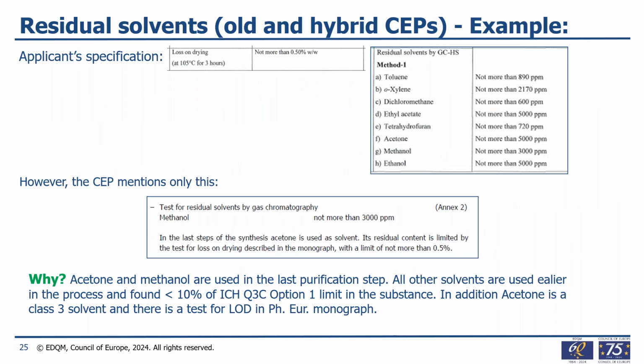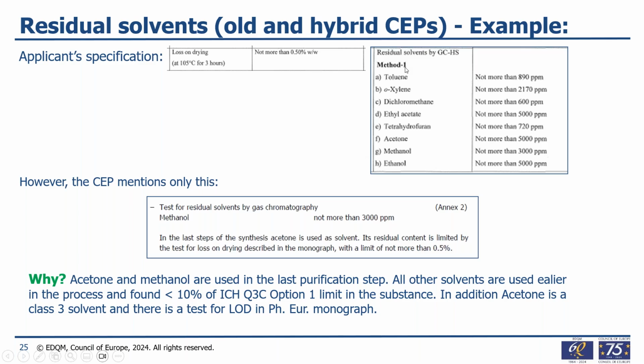So now we will see a specific example of how the limits may be stated in the internal specification, and how they will be stated on the old and hybrid CEP. I again draw your attention that this is not for CEP 2.0, we will see that later. In the applicant's specification, there is a test for loss on drying at 0.5%, and there is a test for residual solvents.